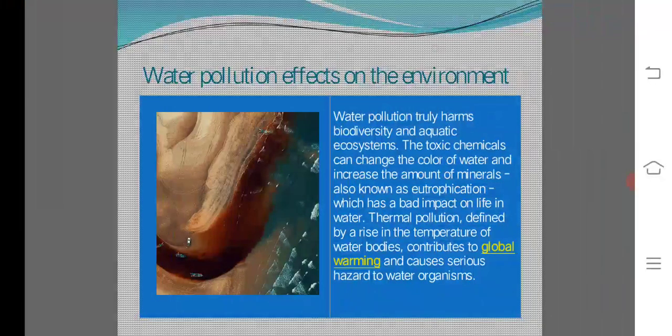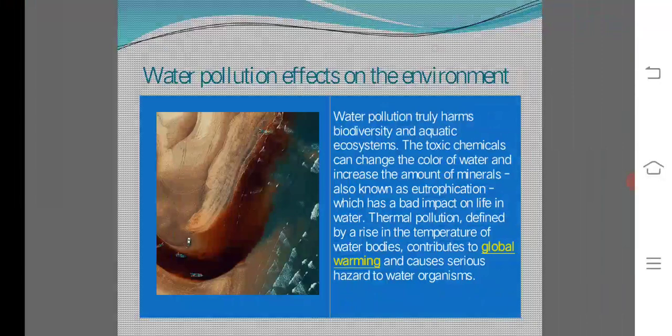What are the water pollution effects on the environment? Water pollution truly harms biodiversity and aquatic ecosystems. The toxic chemicals can change the color of water and increase the amount of minerals, also known as eutrophication, which has a bad impact on life in water.